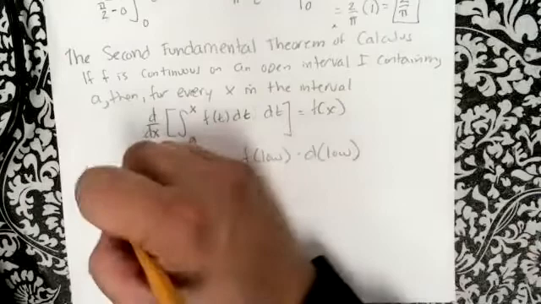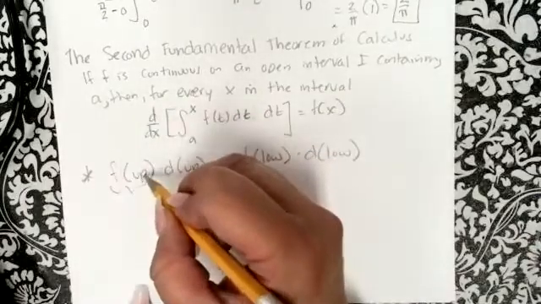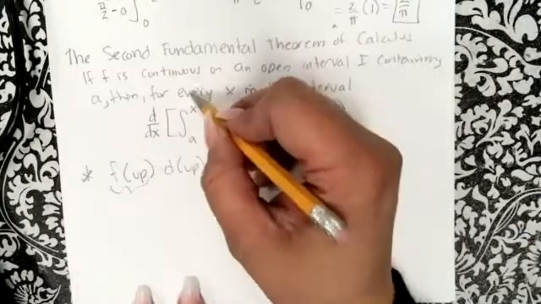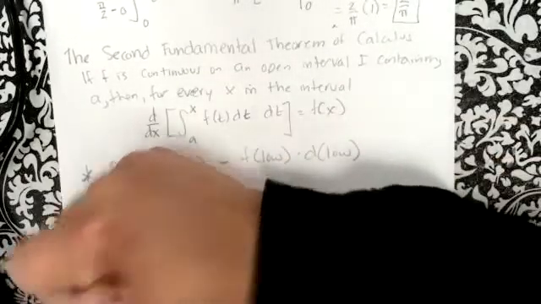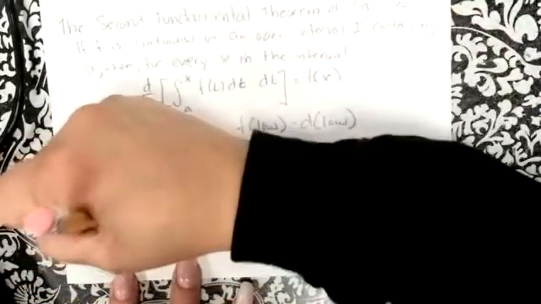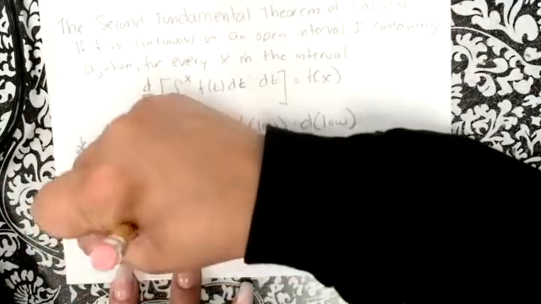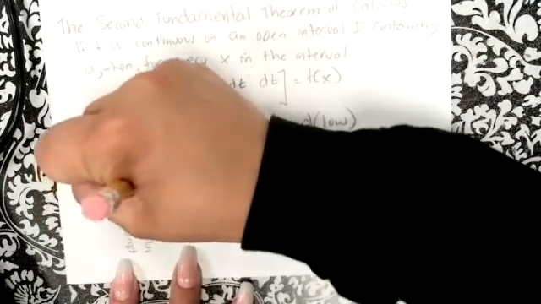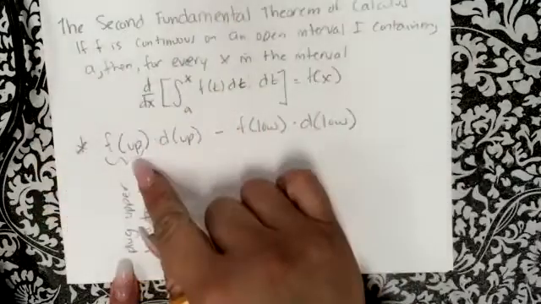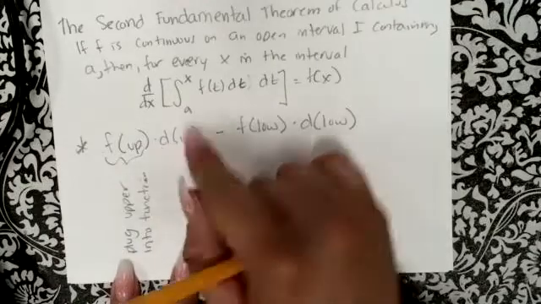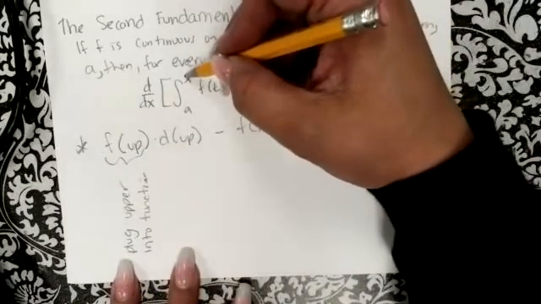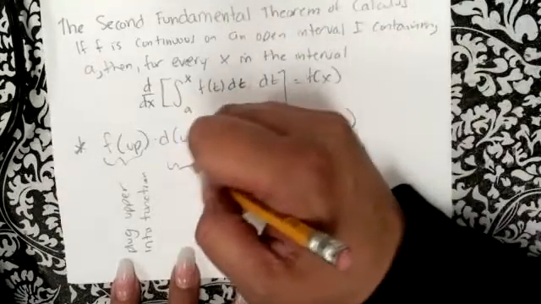So right here, the fup means that you're going to plug the upper boundary into the function, okay? So you're going to plug the upper into the function. So whatever it is, you're going to go ahead and plug it in. Now, dup means you take the derivative of the upper bound. So whatever the upper bound is, you're going to take the derivative of that.